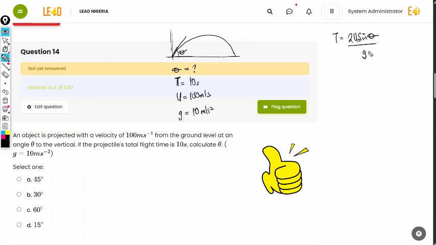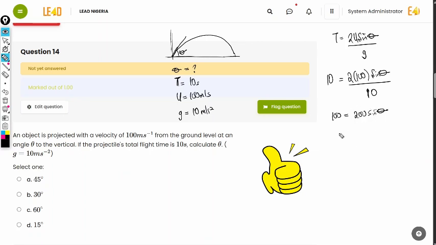Alright, so t is equal to 2u sine theta over g. We can plug in and solve backwards for theta, right? So we have 10 is equal to 2 times 100 times sine theta over 10. So if I cross multiply, I would have 100 is equal to 200 sine theta.